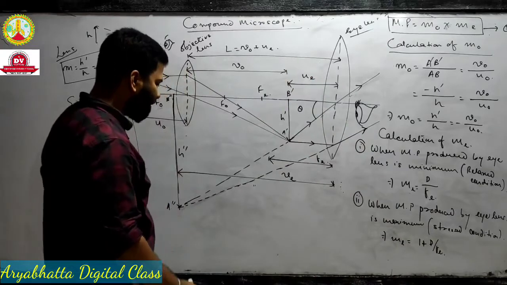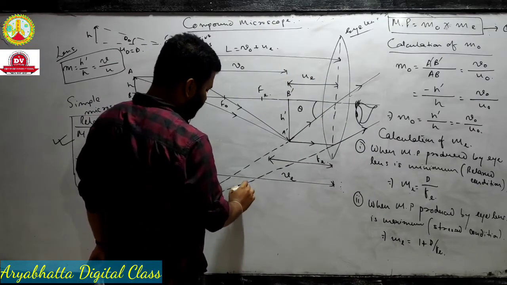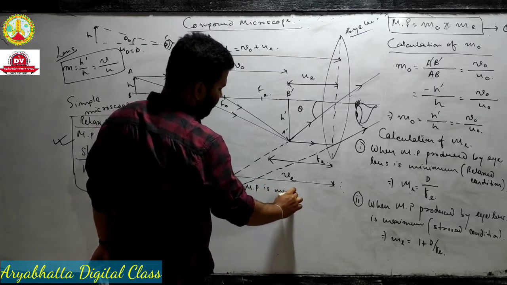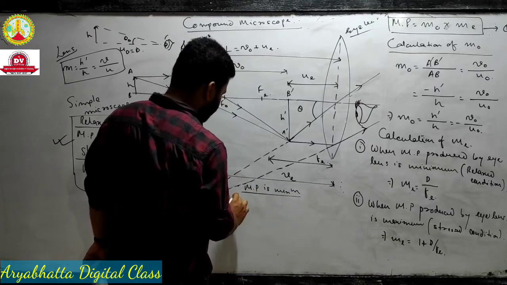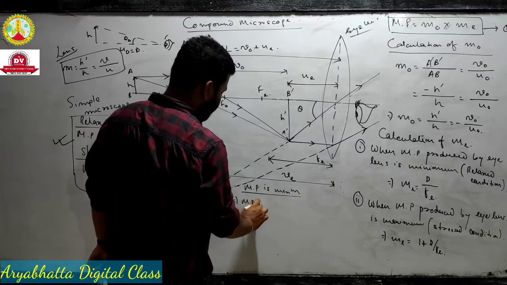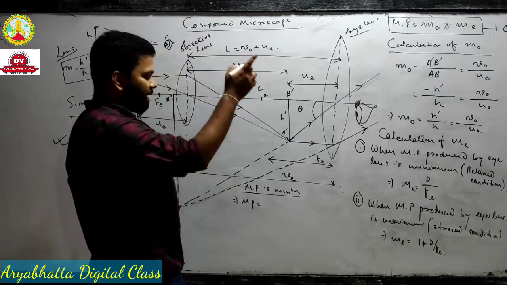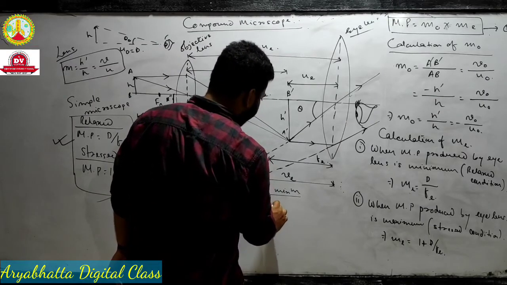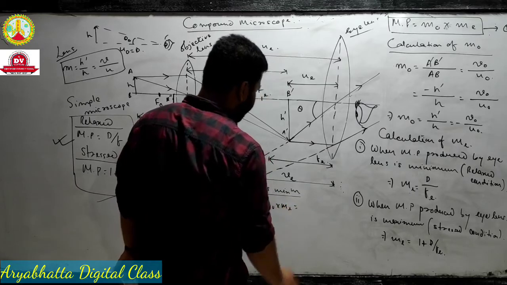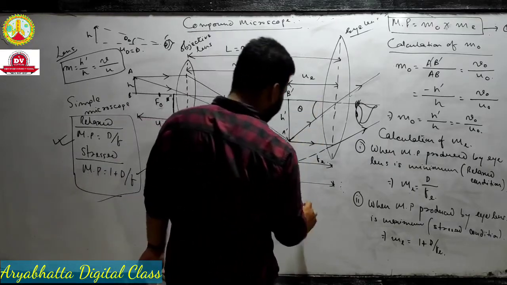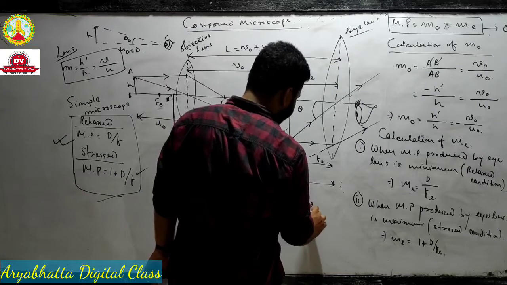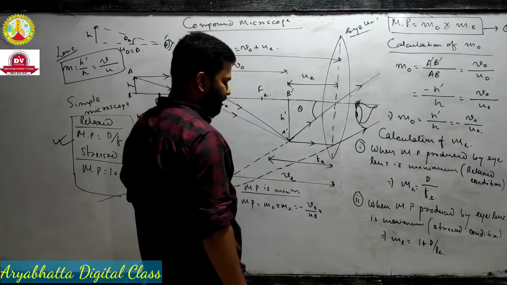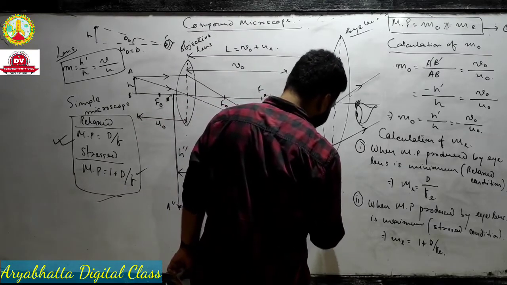So what we can say is that when the magnifying power is minimum, MP is equal to M naught into ME. What is M naught? M naught you got as minus V naught by U naught. What is ME? ME is equal to D by Fe.